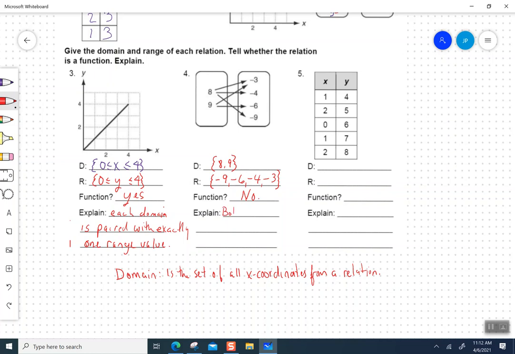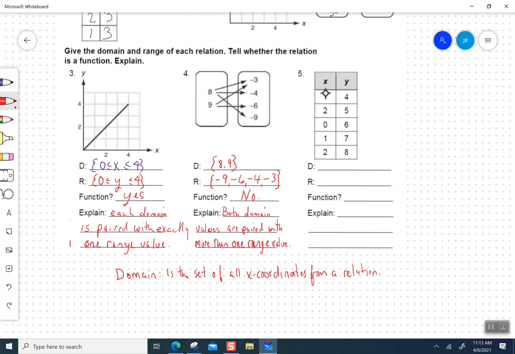So both domain values are paired with more than one range value.